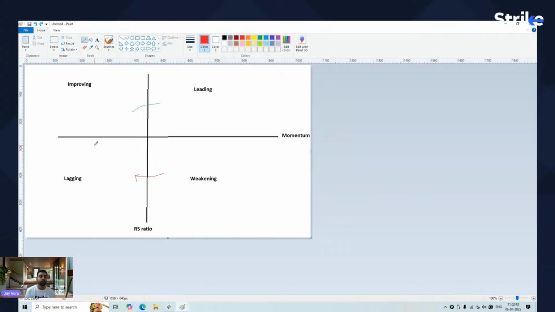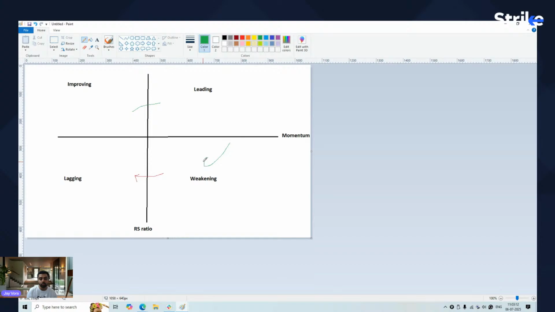Okay, now which are the two setups that are actually very good and can help you make money? One is something like this happening. The stock has gone from leading to weakening, and then you see the momentum turn around.